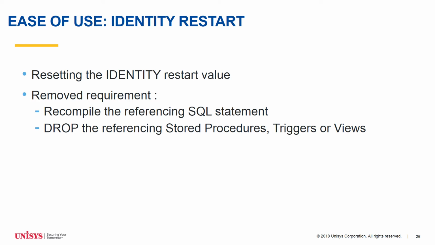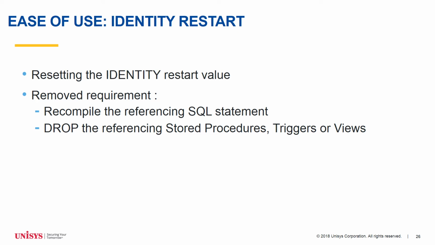The second ease of use feature is to remove the requirement to recompile the SQL statement or drop the stored procedures, triggers, or views that reference the table whose identity restart value is explicitly reset. Before this feature, resetting the restart value of the identity column caused all persistent objects that reference the altered table to be invalidated.